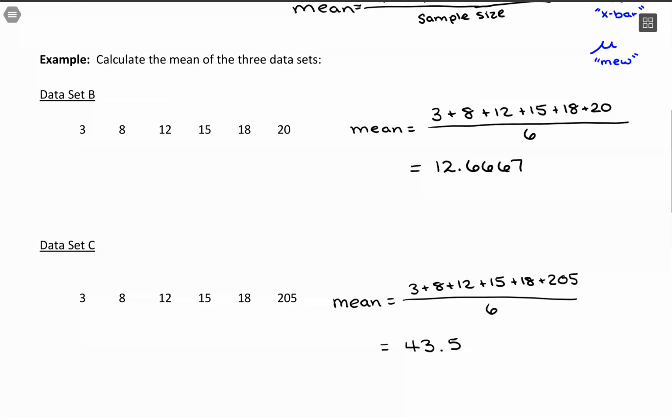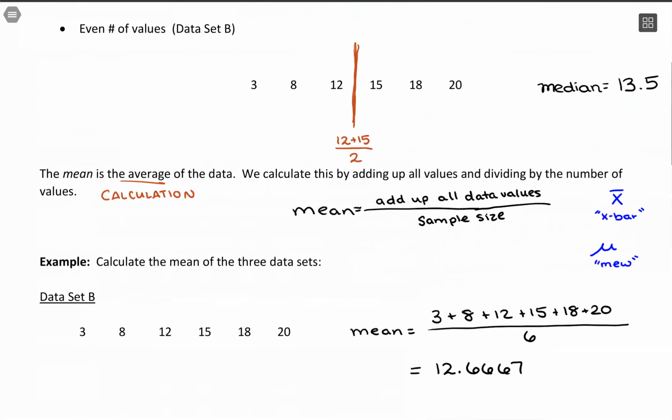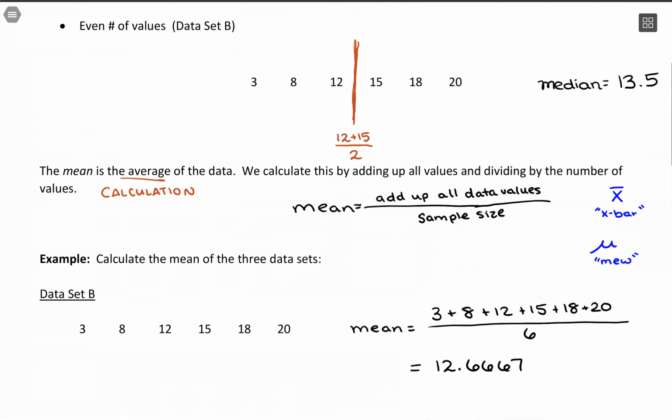So with this, and thinking about the shape of data, what we can do is think about how this affects the relationship between mean and median. Now with data set B, comparing our mean and median, those were fairly close to each other. This is kind of personal, how you determine whether they are completely different or somewhat close, but I'll guide you with this one: those are fairly close to each other.